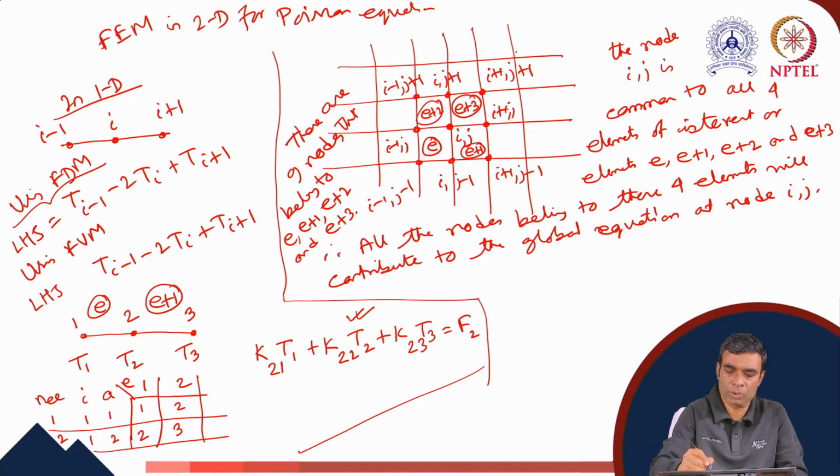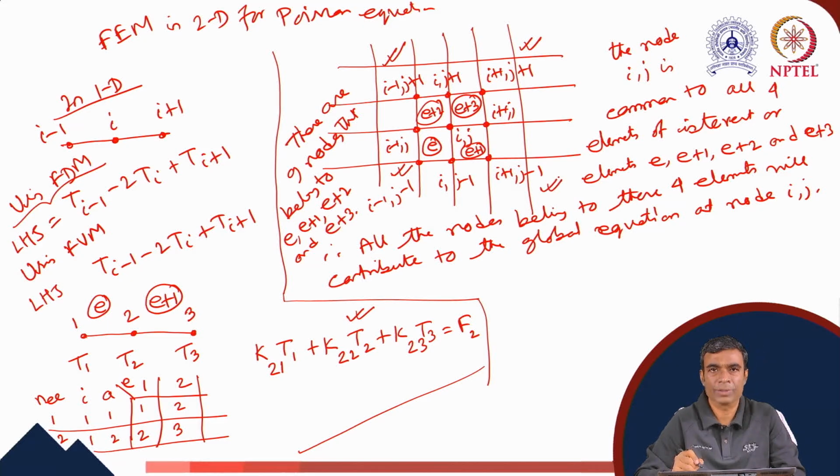So this northeast coefficient I plus 1, j plus 1, the northwest coefficient I minus 1, j plus 1, the southwest coefficient I minus 1, j minus 1, and the southeast coefficient I plus 1, j minus 1. These 4 are the extra terms that contribute to the finite element equation. It means that the finite element equation for the same problem will be denser.